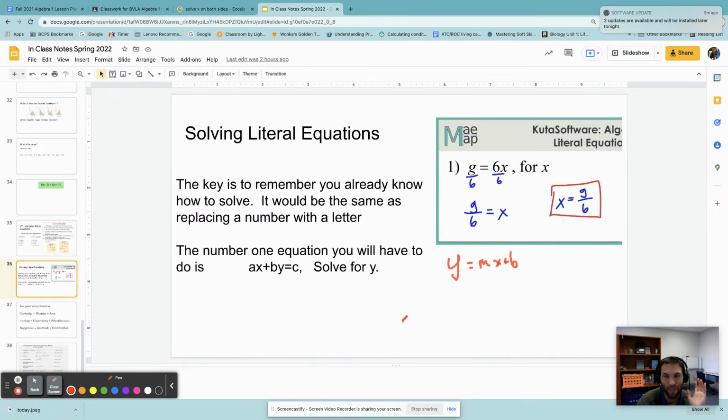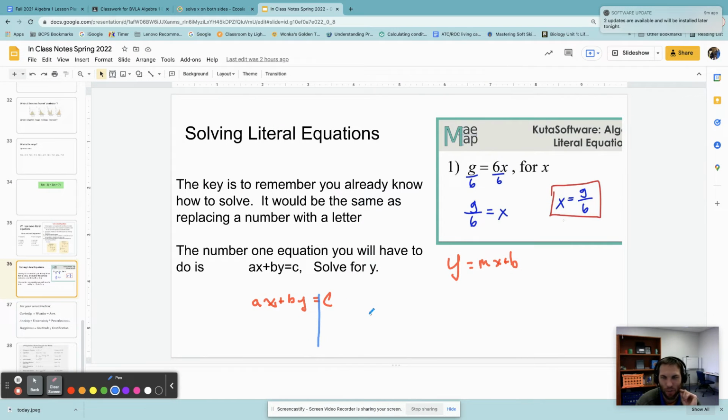But you're not always given it in y equals mx plus b. So sometimes you're given it like ax plus by equals c. You can have numbers for a, b, and c. You're always going to have x, always going to have y.